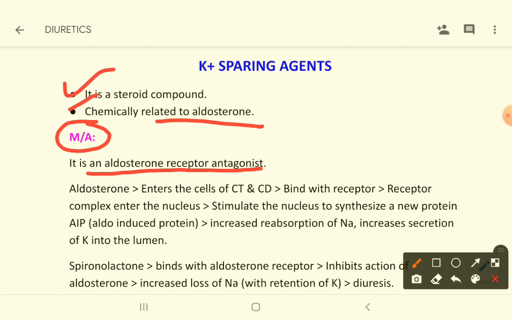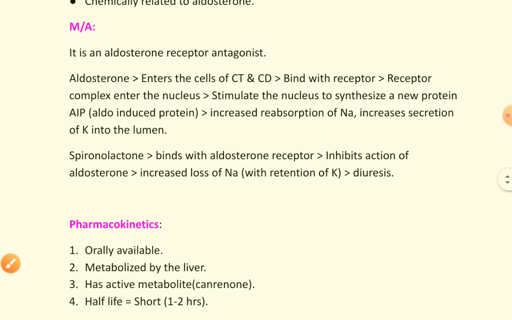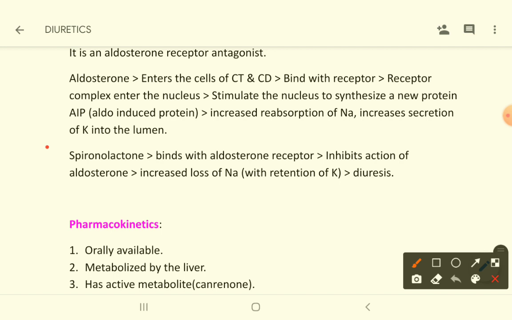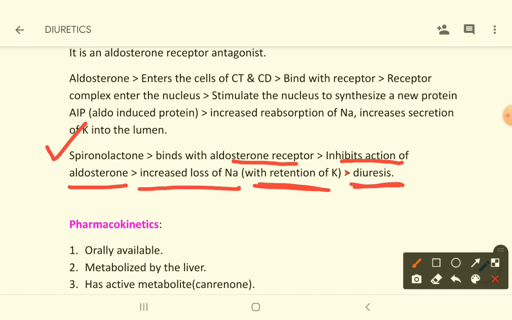Aldosterone enters the cells of the collecting tubule and collecting duct, binds with the receptor complex, and enters the nucleus. Ultimately, they increase the reabsorption of sodium and increase secretion of potassium into the lumen. So what does spironolactone do? Spironolactone binds with aldosterone receptors and inhibits the action of aldosterone. There is increased loss of sodium, but retention of potassium, and there is diuresis.